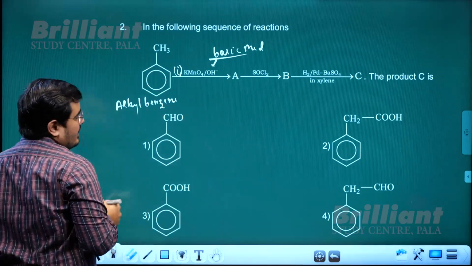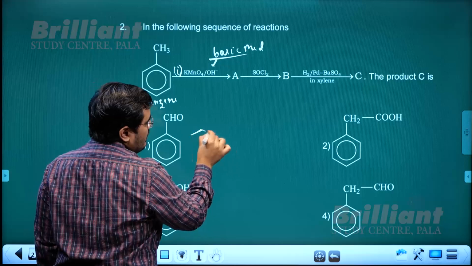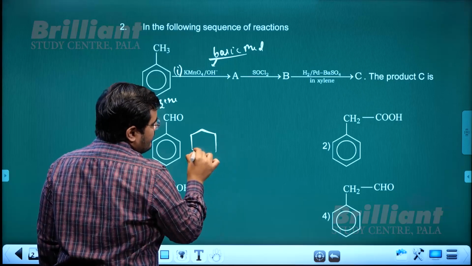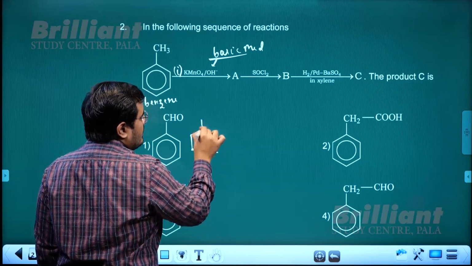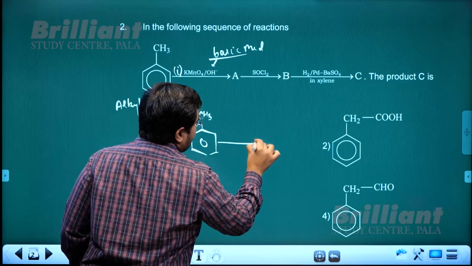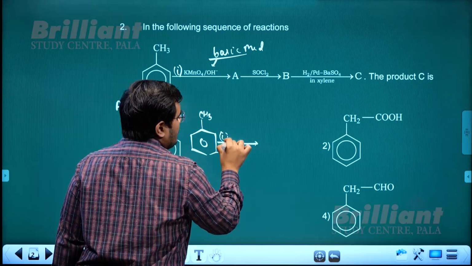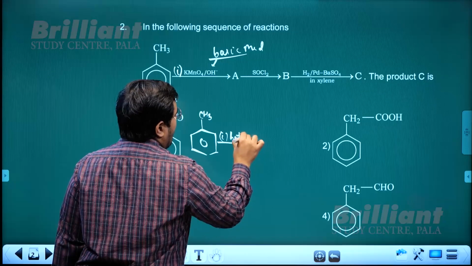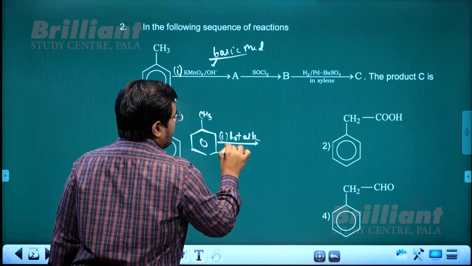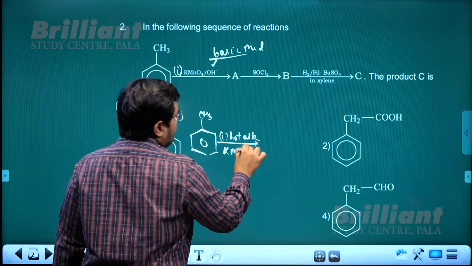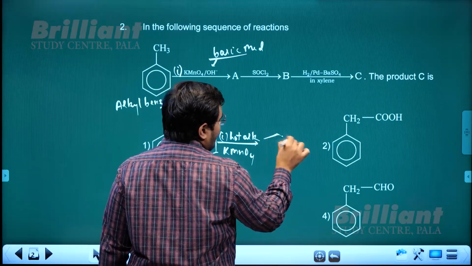So if we take toluene and treat it with a strong oxidizing agent, it will lead to the oxidation of the side chain, that is, hot alkaline KMnO4 will convert it into benzoic acid.